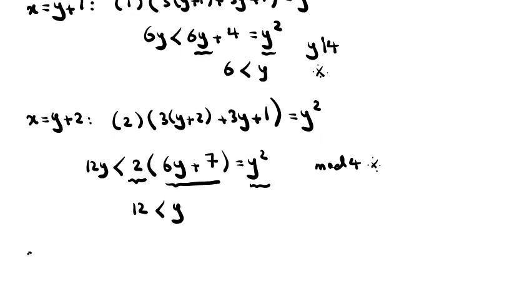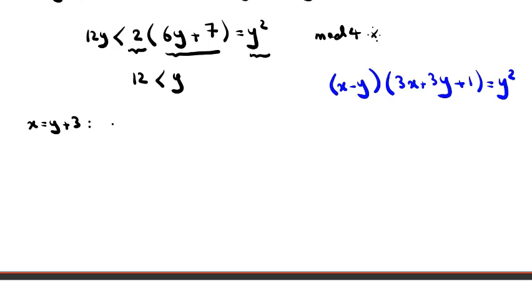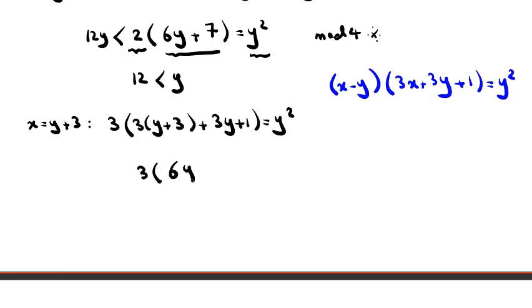For the next one, if x equals y plus 3, then our main equation is 3 times 3y plus 3, plus 3y plus 1, equal to y squared. And it will be 3y, 3y, 6y plus 9 plus 1, 10, equal to y squared, which is greater than 18y. So y is greater than 18, and now we know y divides this: 18y plus 30.